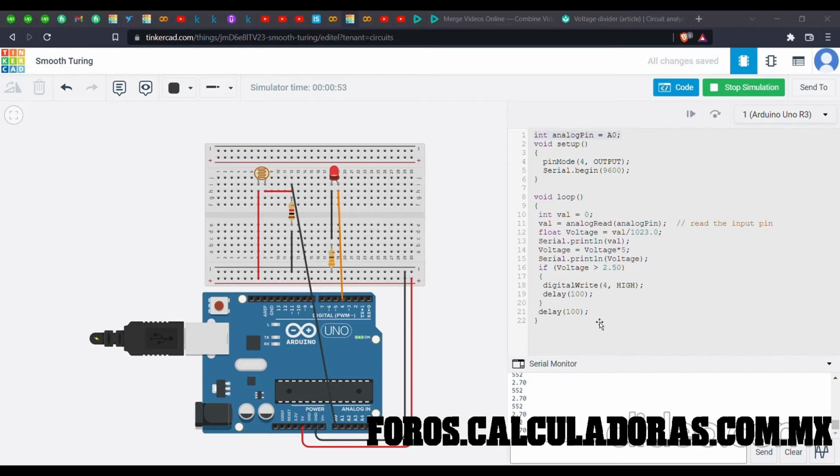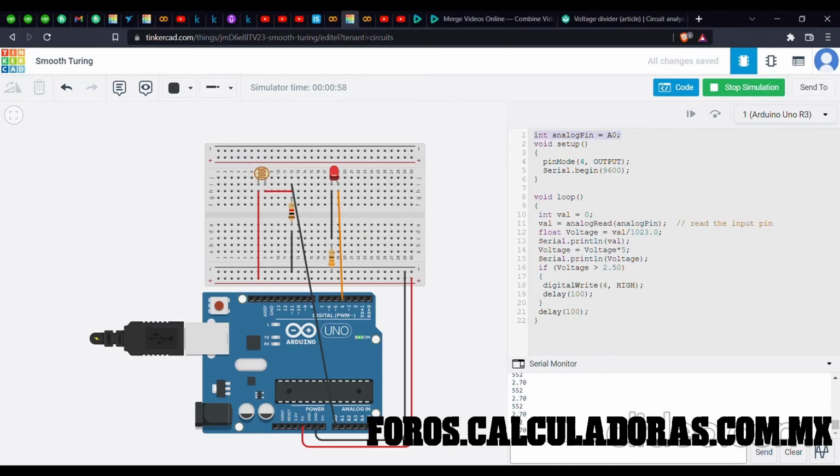Okay, so I did quick calculations and I found out that when my brightness was at mid, what was my voltage value obtained? It was 2.70. So I wrote the logic that if my voltage value is greater than 2.50, this is 2.70, which is obviously greater, so I want the LED to glow.